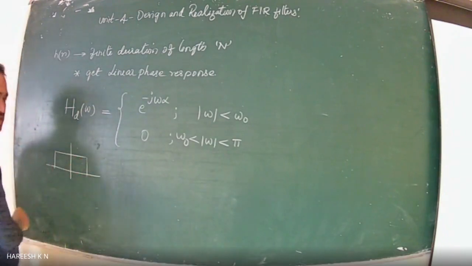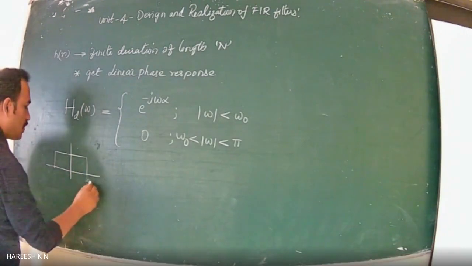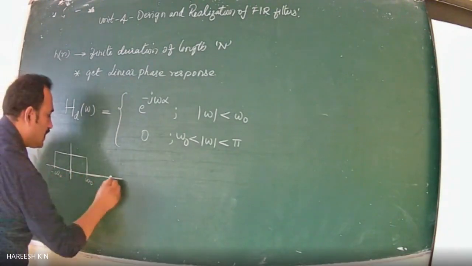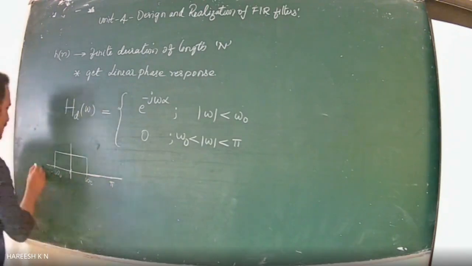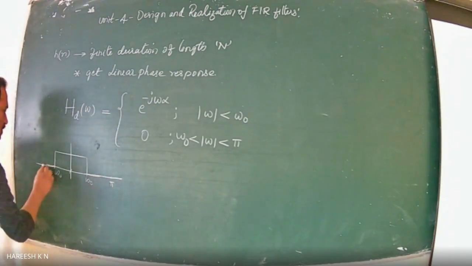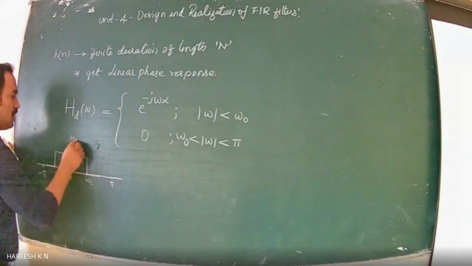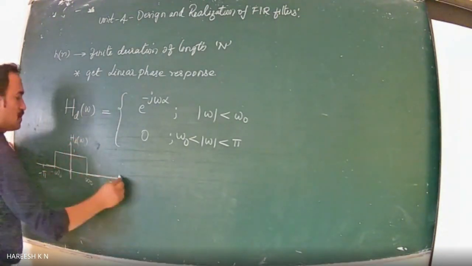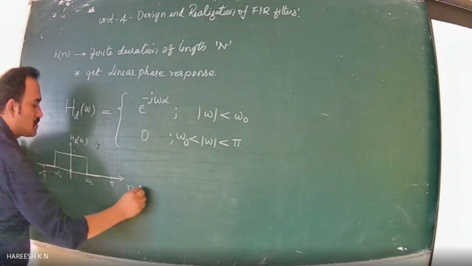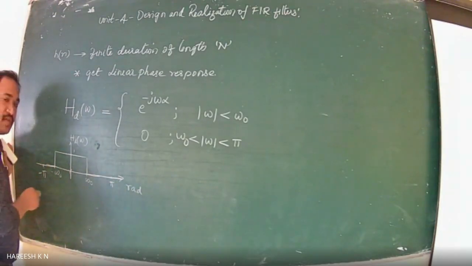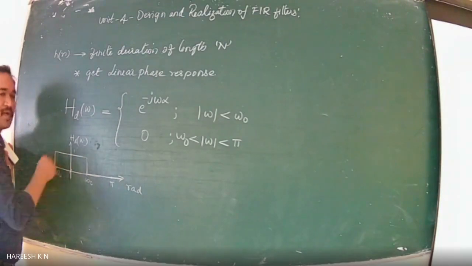This is omega naught and this is minus omega naught, and 0 till plus pi, and here till minus pi. Therefore, this is the ideal frequency response with respect to radians. This is the frequency response of an ideal low pass filter.